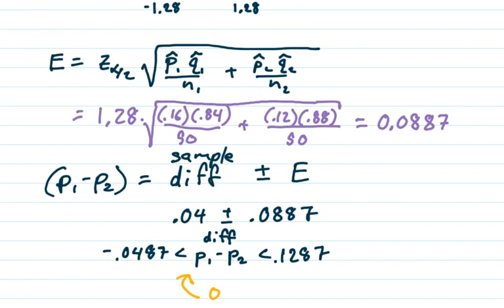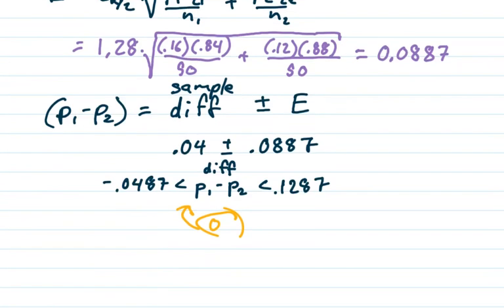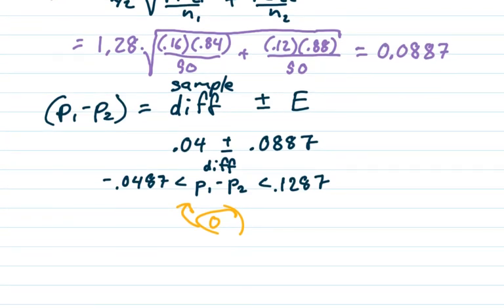Okay, so that means one could be higher than the other, or it could be the other way around. Since 0 is in here, that means that it's close. The difference is close enough to 0 that there is no discernible difference. That's basically what we would say about that.